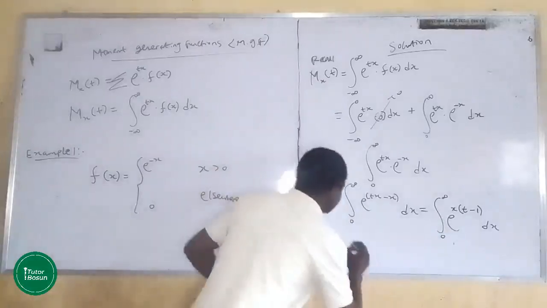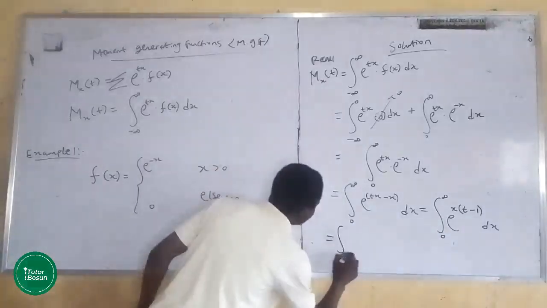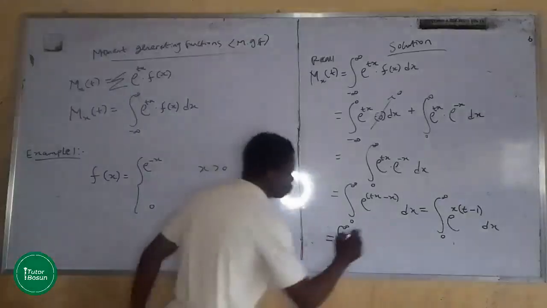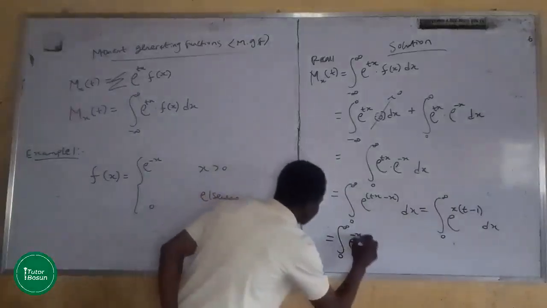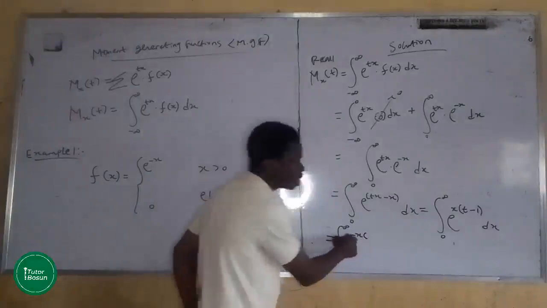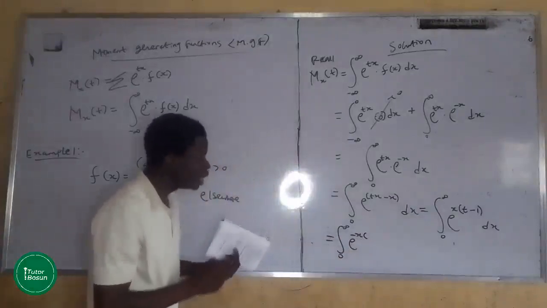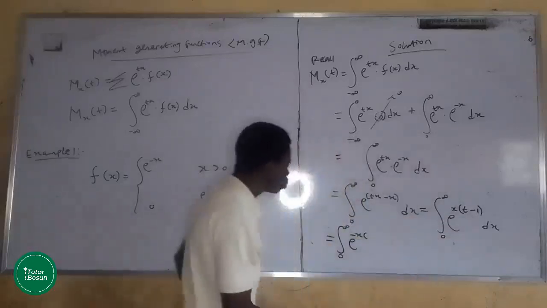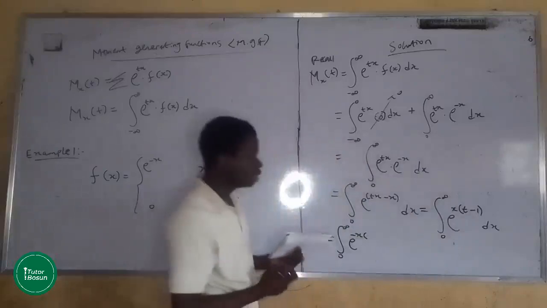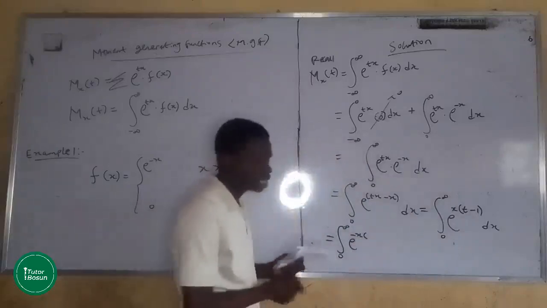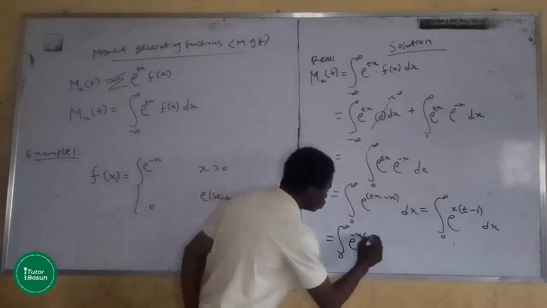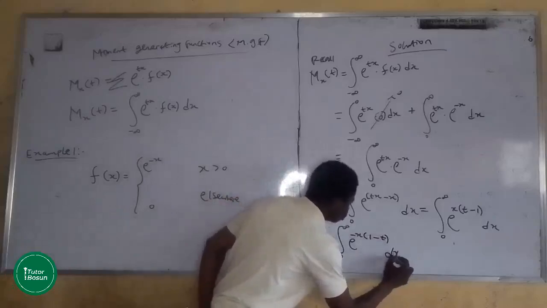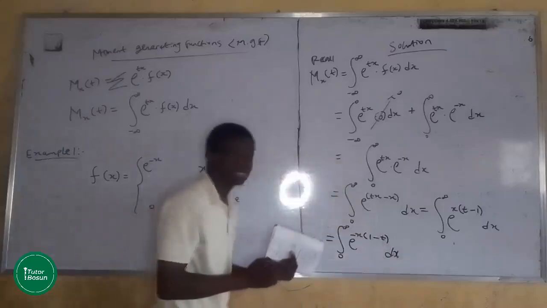So if you introduce a negative into the expression, you have the integral from 0 to infinity of exponential minus x. But since minus is already here, and we don't want to change the value of this expression, automatically the expression within the bracket is going to change to 1 minus t dx. So let's verify if that expression still remains the same.